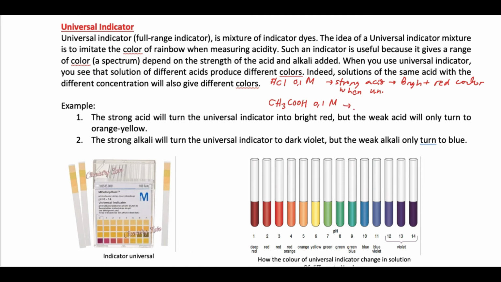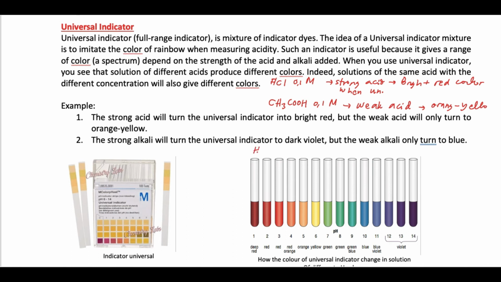But for ethanoic acid, because it's a weak acid, the color goes to orange to yellow.